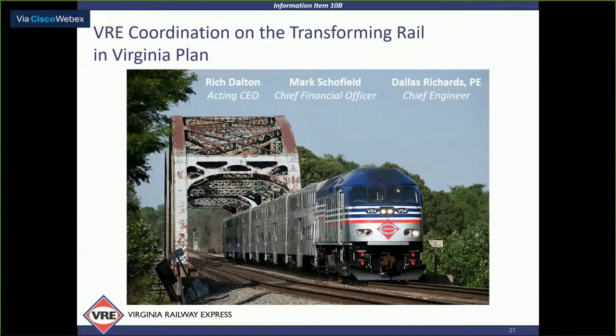I need to communicate to the operations board the collaboration efforts that VRE and DRPT and others have been going through as it relates to the Transforming Rail in Virginia plan, and frankly, how the enhanced program or plan interplays with our station project.